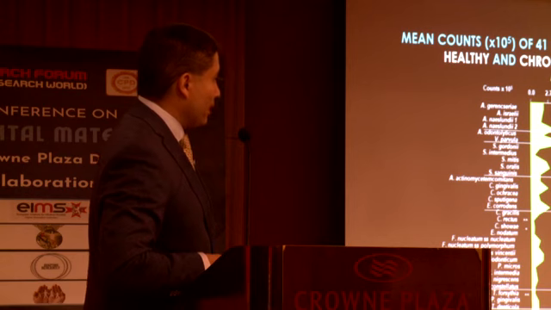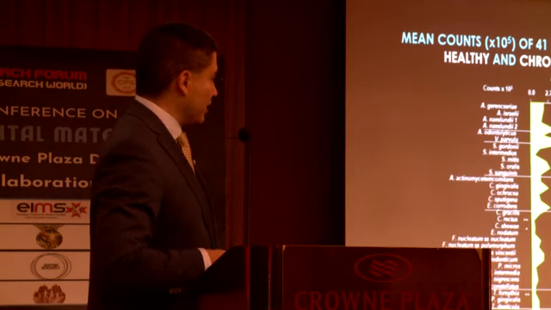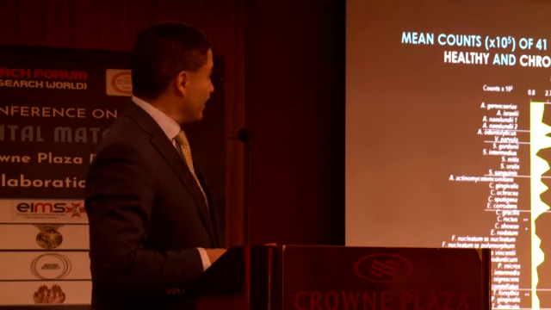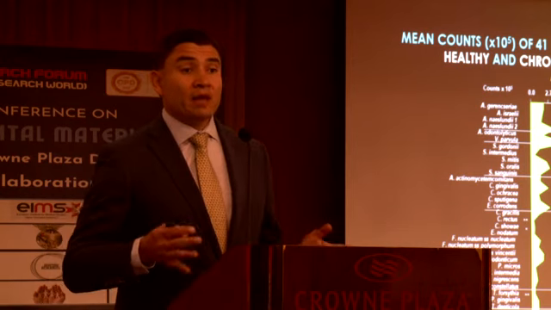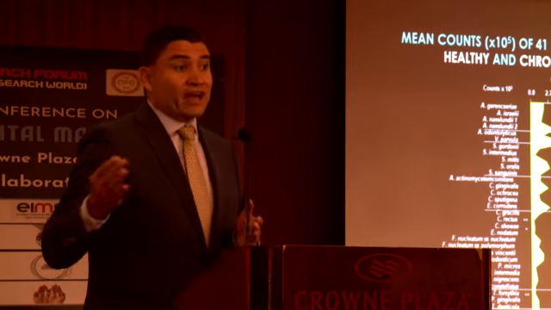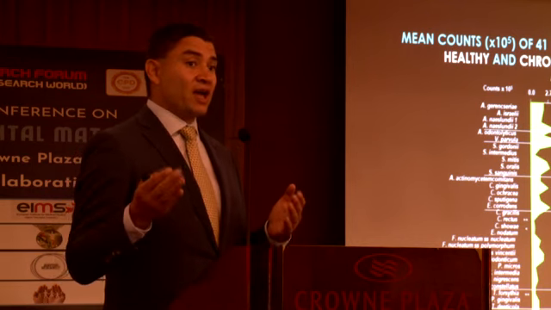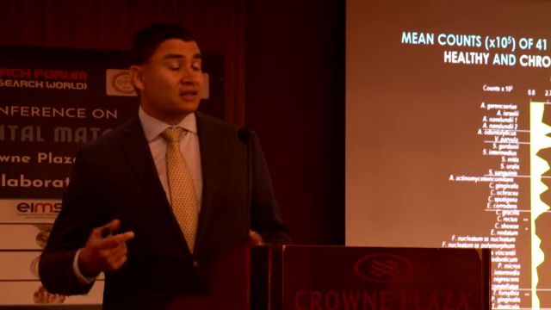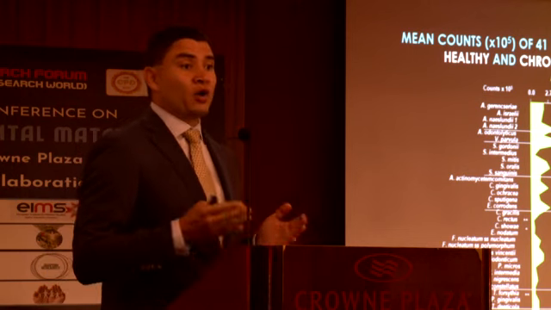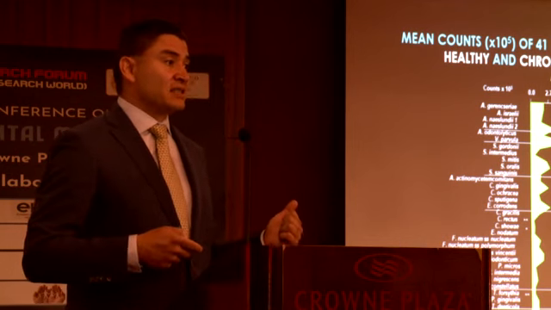But in periodontal disease patients, these counts and proportions are more elevated than in healthy patients. But what is interesting is that we understand that edentulous patients also have this level of bacteria that may be similar to the patients when they had teeth. So that means that if you treat a patient that is edentulous with a previous history of periodontal disease, this patient may be more susceptible to peri-implantitis because of the previous history and because of the colonies of species that still live in the mouth.